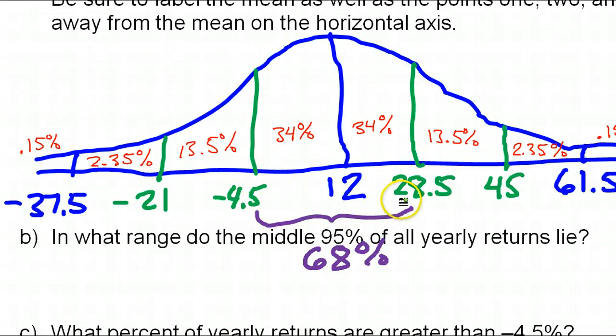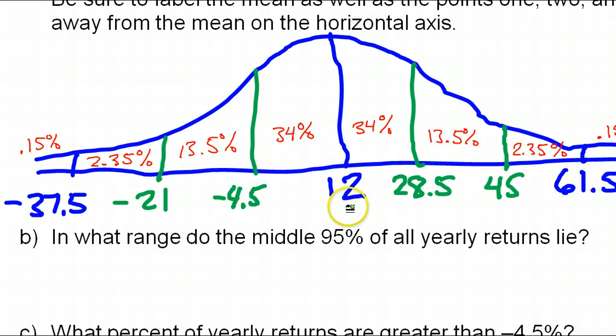All right, on the other hand, if I go 2 standard deviations out, all right, so here's the mean. So if I go 2 standard deviations in both directions, that is stretching from here to here. Well, that is 95% of the data.